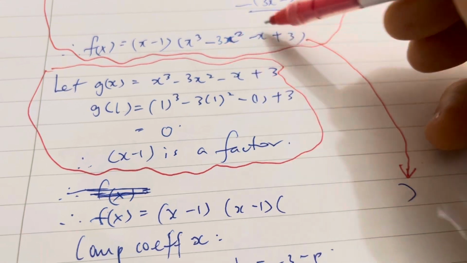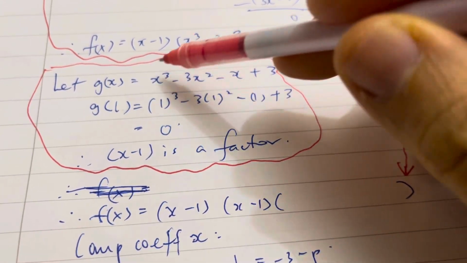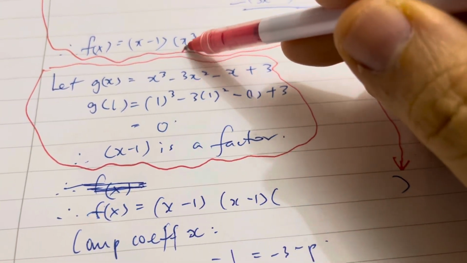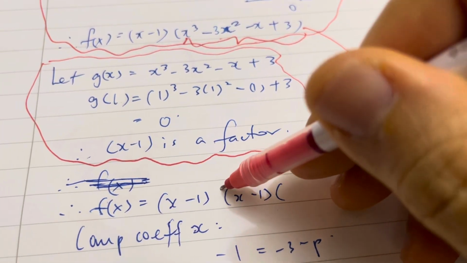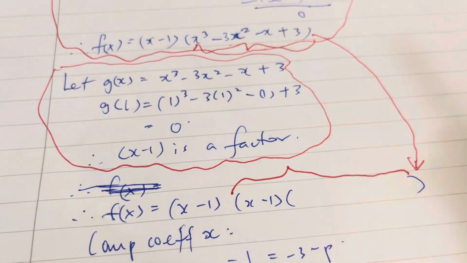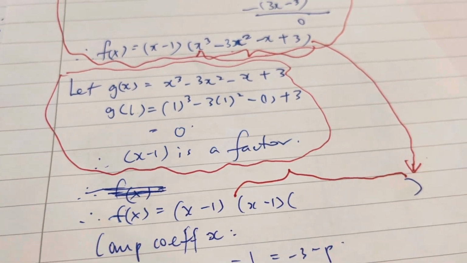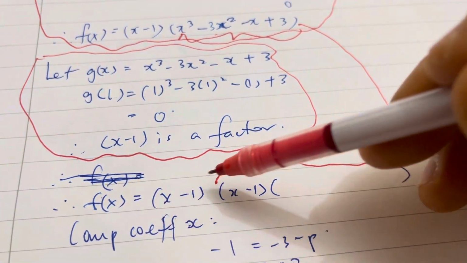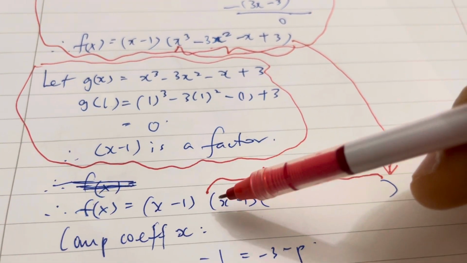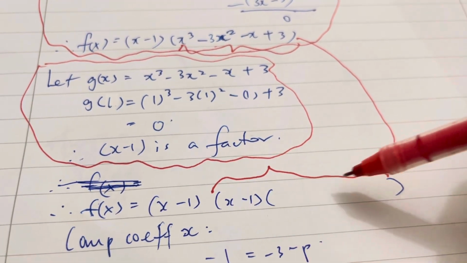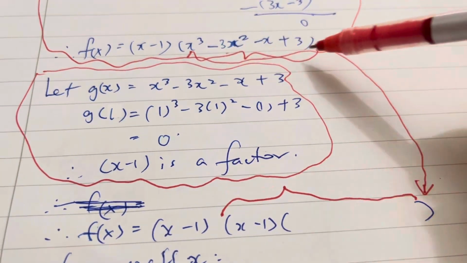This part here I sidetracked a bit in order to find out one of the factors of this. So this part here is your g(x), whereas what you want to find actually is f(x). So now I have to know x minus 1 times what gives me this g(x).